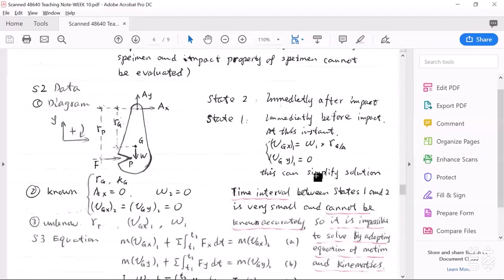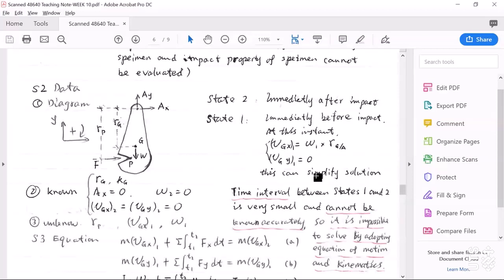Okay, and you can see initial position is immediately before the pendulum hits the specimen, and the final position is immediately after the pendulum hits the specimen. So the time interval between this initial position 1 and the final position 2 is very, very small, and this cannot be measured.